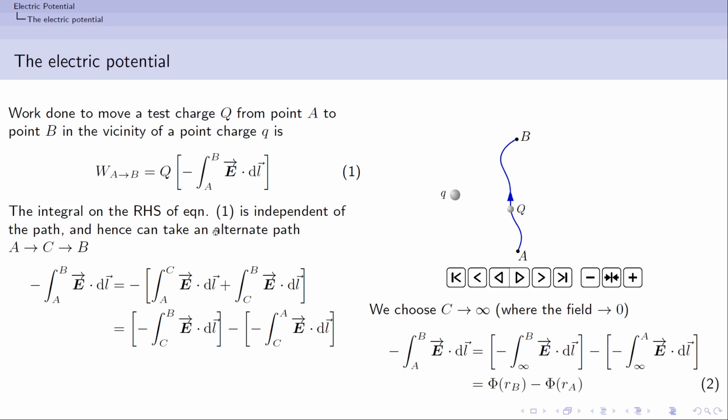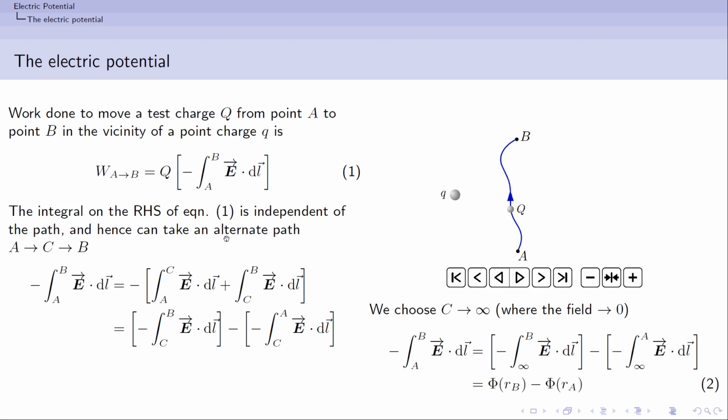When you substitute the limits, you find that it gives two terms. One term depends on the distance between this point charge and A, and the other on the distance between this point charge and B. So it depends only on the radial distance, which means it depends only on the endpoints A and B. It does not really depend on what kind of path you are taking. So you might as well take a straight line path. The result is going to be just the same.